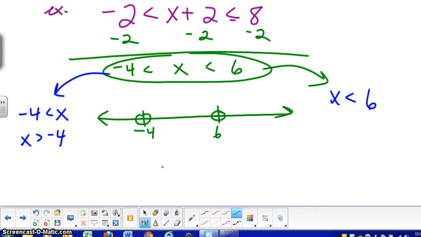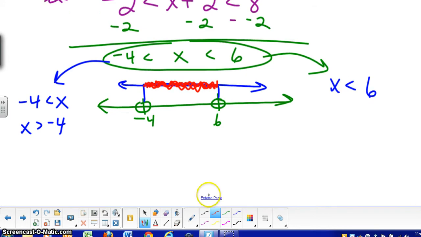So the 6 is going to be less than, the -4 is going to be greater than, and the only place that they intersect is in between. So on a conjunction, you're always going to see it shaded in between. Okay, that is all for that one.